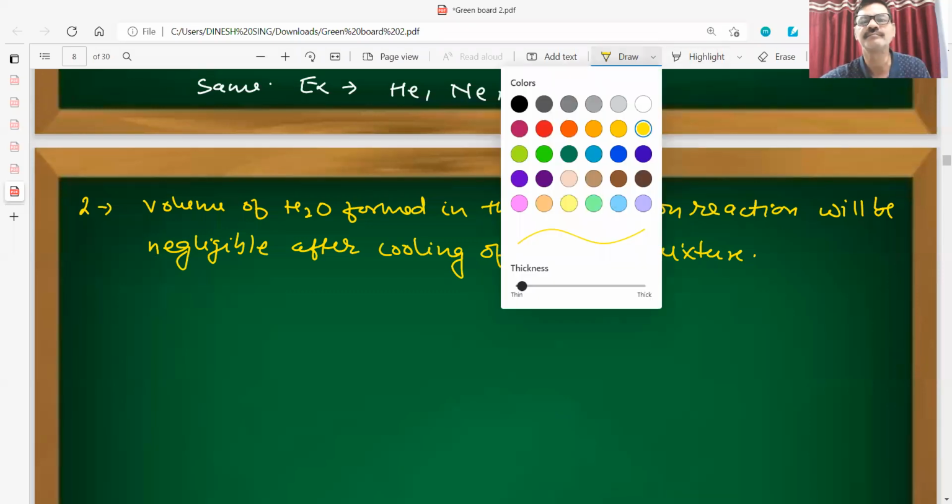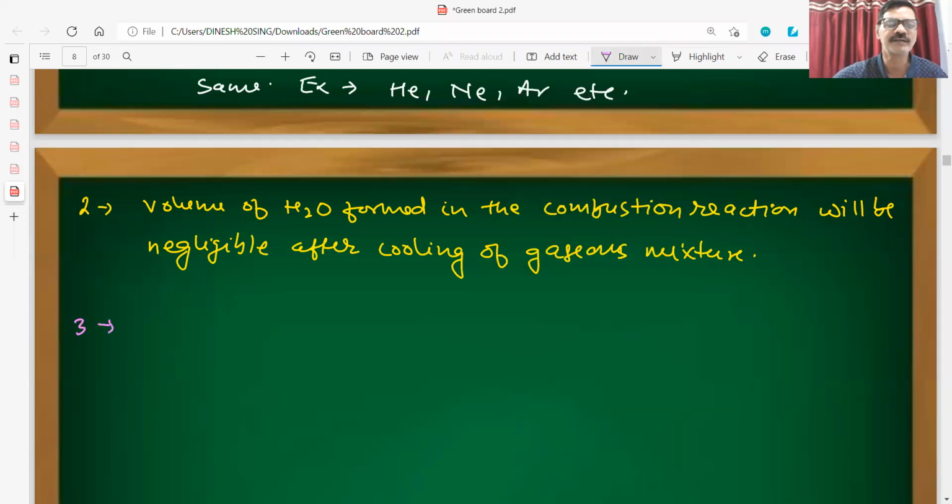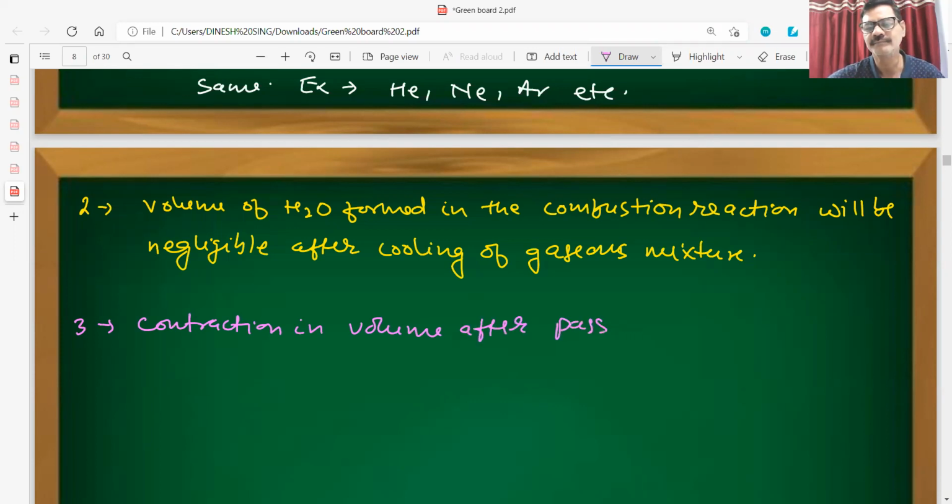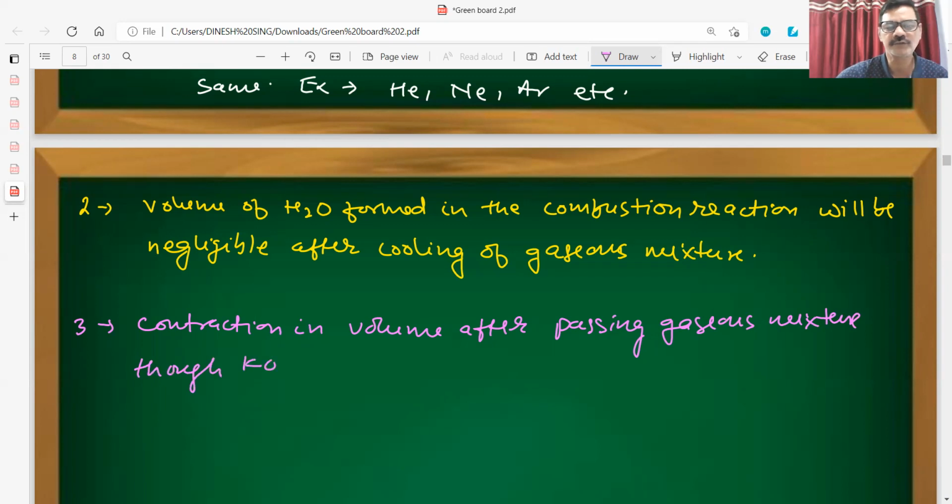Third point is contraction in volume after passing the gaseous mixture through KOH solution.